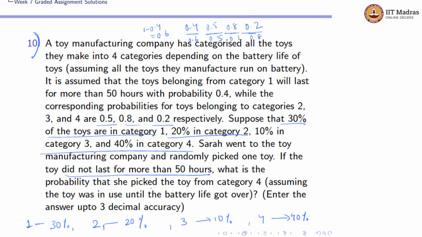Now let's denote some events. We have to find out the probability that she picked the toy from category 4. Let A be the event that the toy did not last for more than 50 hours.